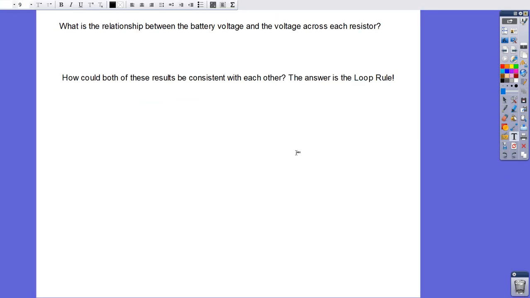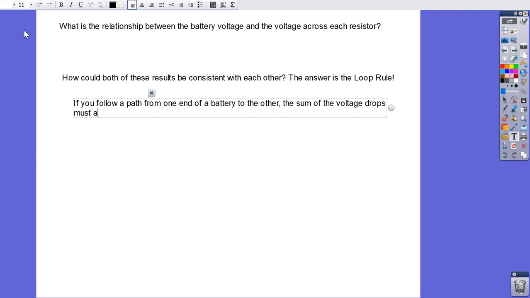The loop rule says that if you follow a path from one end of a battery to the other, the sum of the voltage drops must add up to the battery voltage.